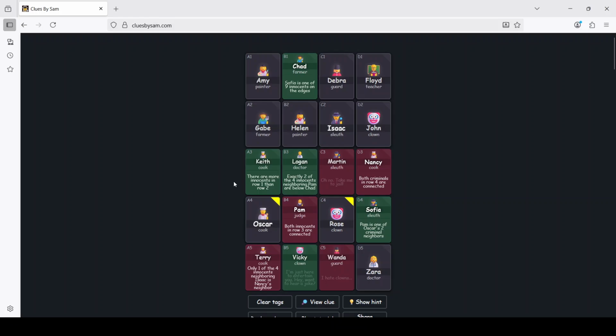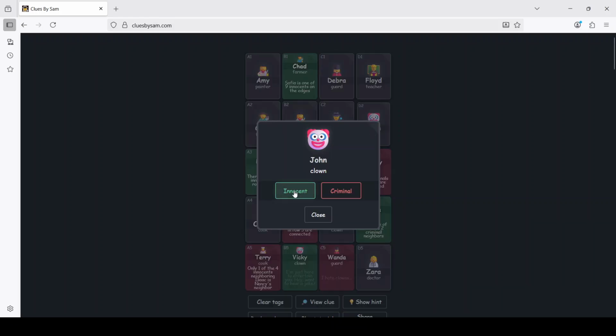Keith is telling us there are more innocents in row 1 than row 2, and Terry is telling us only one of the 4 innocents neighboring Isaac is Nancy's neighbor. Isaac only has 1 unrevealed neighbor with Nancy, the other one was a criminal, so John must be that 1 innocent.